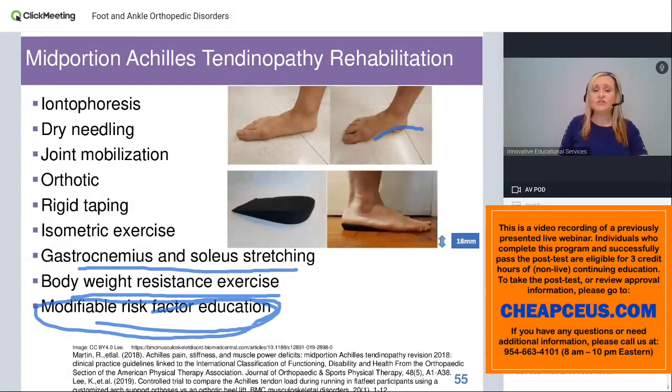And then when we look at modifiable risk factor education, body weight is something significant to consider, that changes in body weight change the demand and how much the gastrocnemius has to propel the body through the gait cycle. We want to come further up the chain for these patients because the demand on that gastroc soleus to propel through the gait cycle is going to be related to the positioning that you're in.